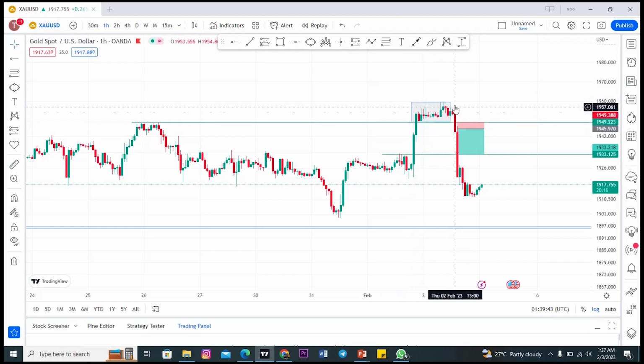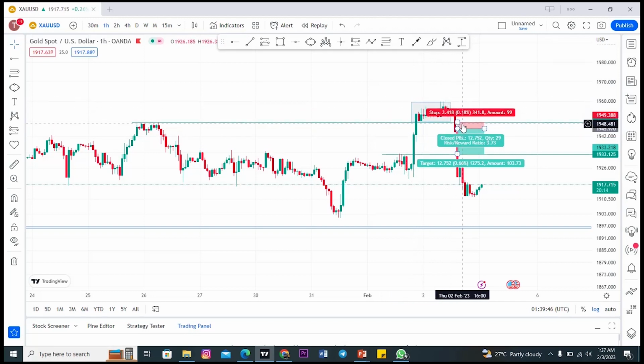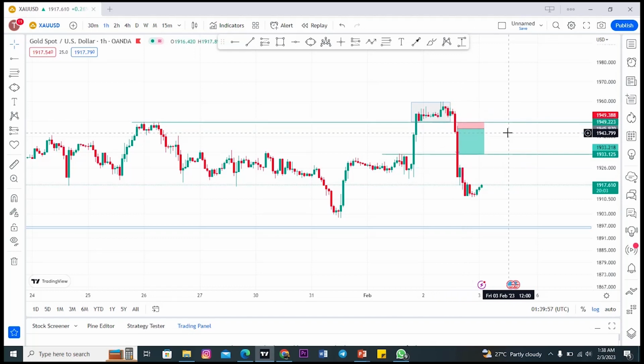Now after the manipulation, price moved inside my resistance zone or level where I wanted to execute my trade.